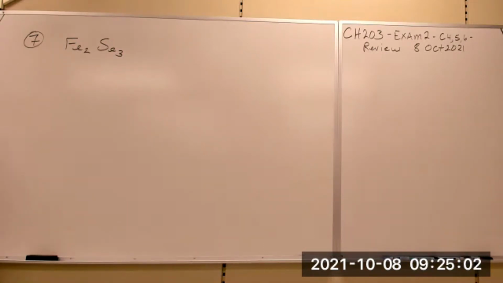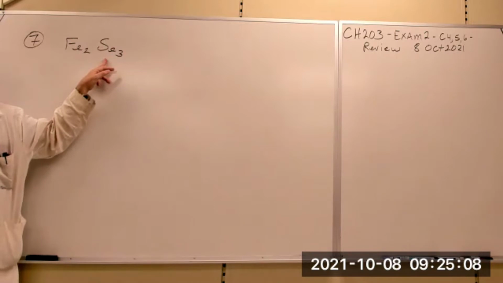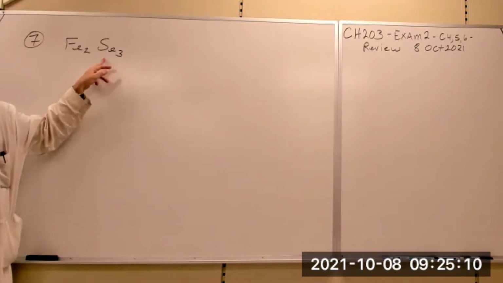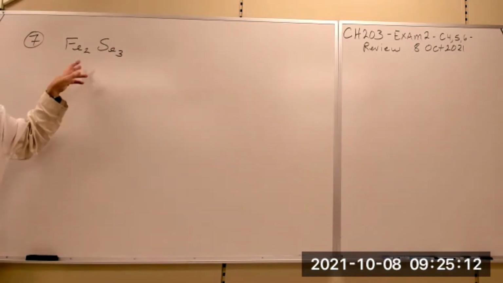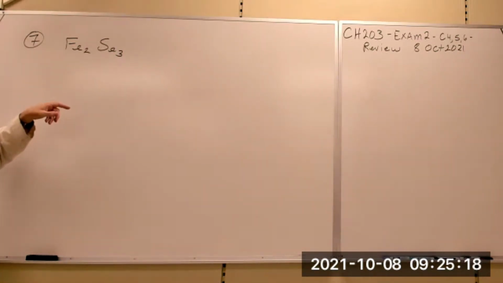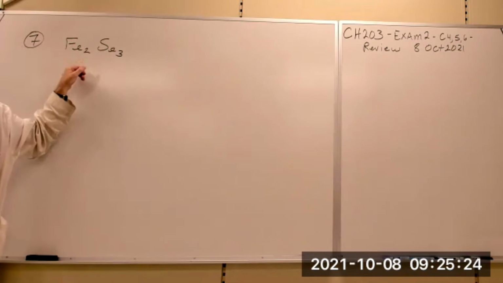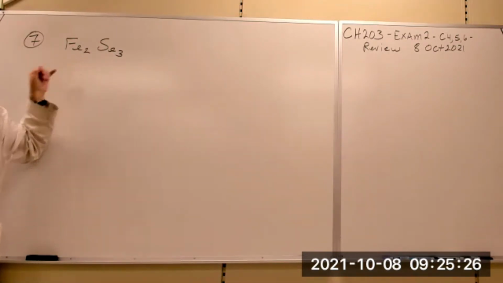Right. Type 3 is both non-metals. So we got a metal and a non-metal, right? Selenium is in the oxygen group. So it's either 1 or 2. Now we have to decide, is it a 1 or a 2? How do we do that? Is it a fixed charge, or could it possibly have different charges for the metal? Where's iron located?